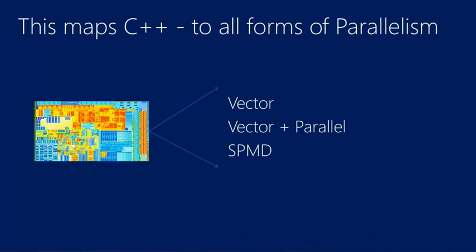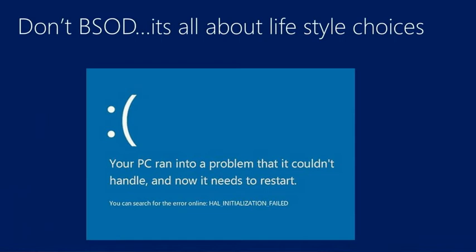So we're really interested in actually now expanding this technology to go after the SPMD model of parallelism on the graphics cores. But we have to do all of this without worrying about the blue screen of death, because above all else, it's throughput and correctness.